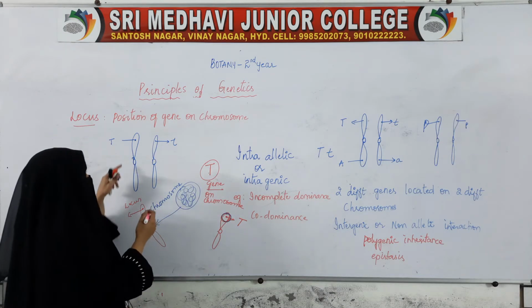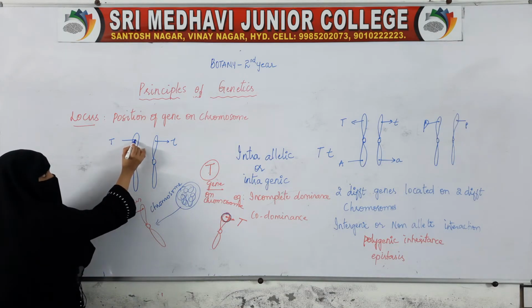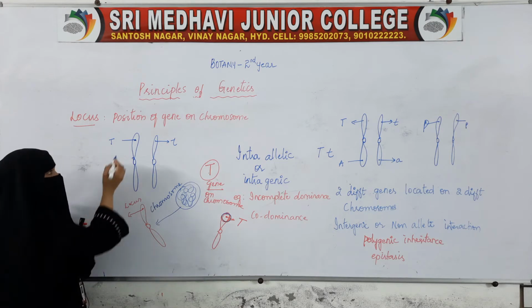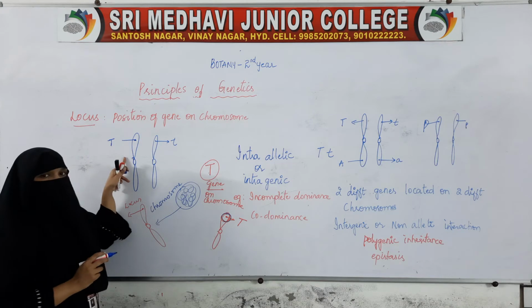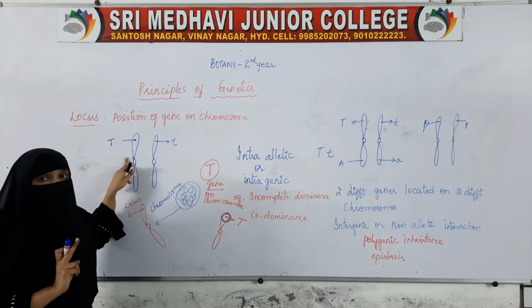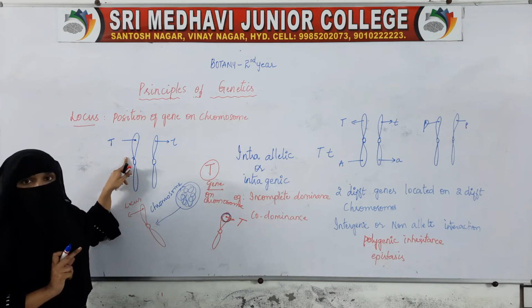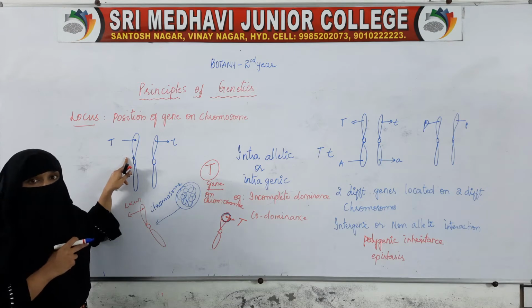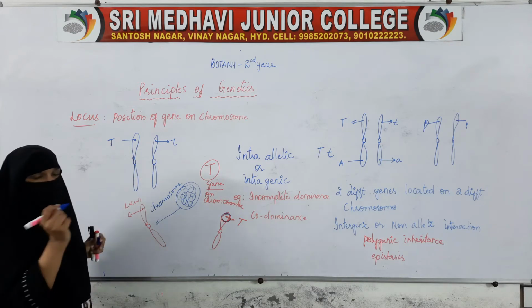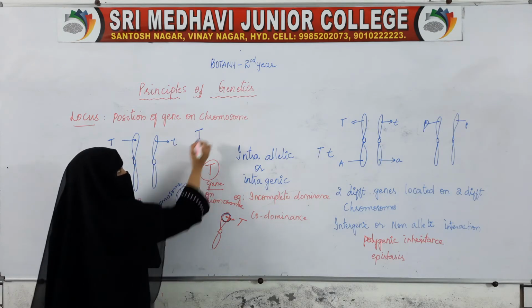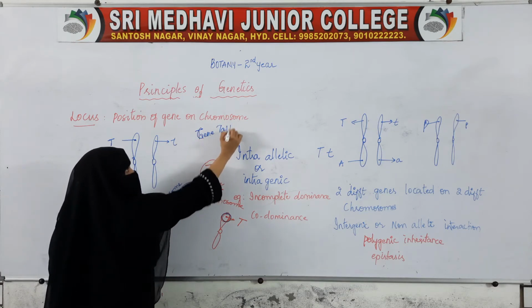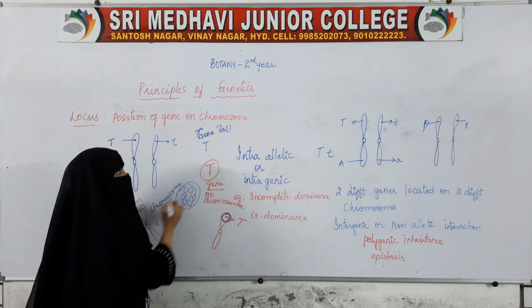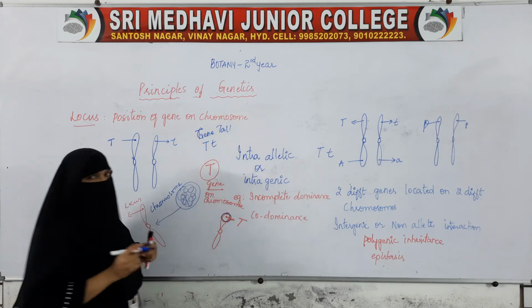Now, for example, this is the locus where the gene for tallness is located. Then there will be a homologous chromosome. For each gene, such as the gene for tallness, there will be two alleles, capital T and small t.